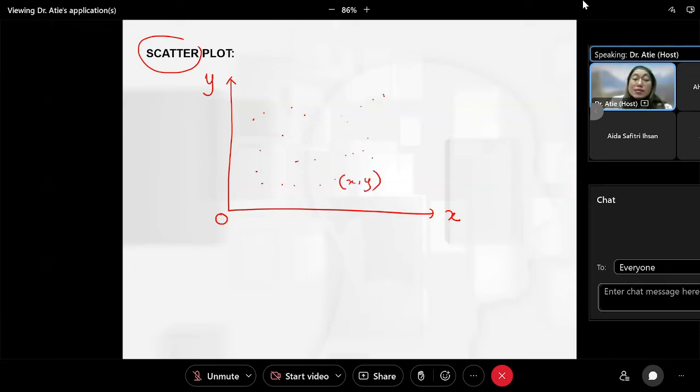So it can be anywhere, depending on your data. When I say scatter, you can only see all the dots in the graph. There is no line, no other indication other than dots.